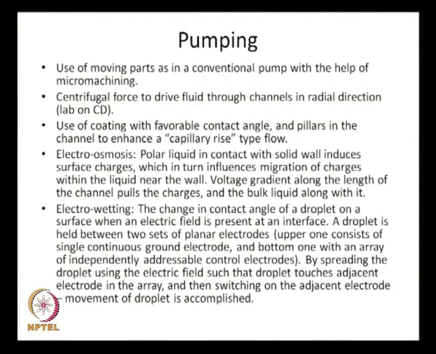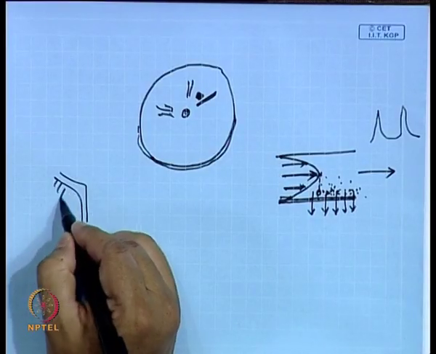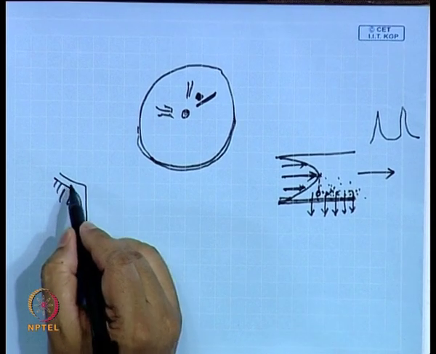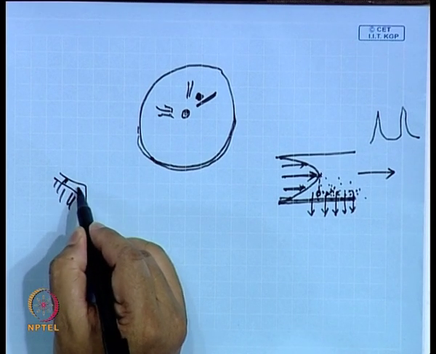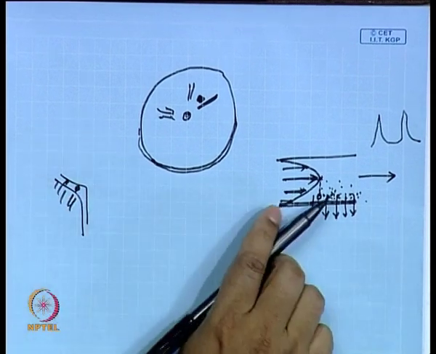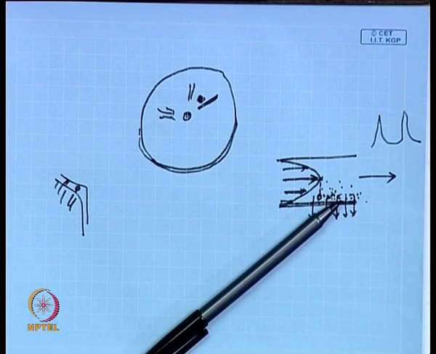So, to induce this capillary rise or surface tension driven flow, you can introduce small pillars in the channel. If this is the channel, within the channel you can introduce small pillars. These pillars will provide extra surface area, so that you can have enhanced flow.